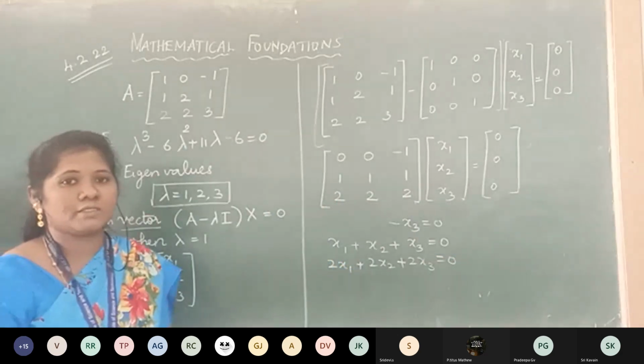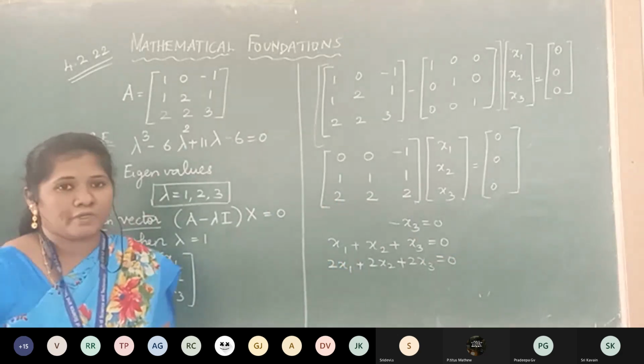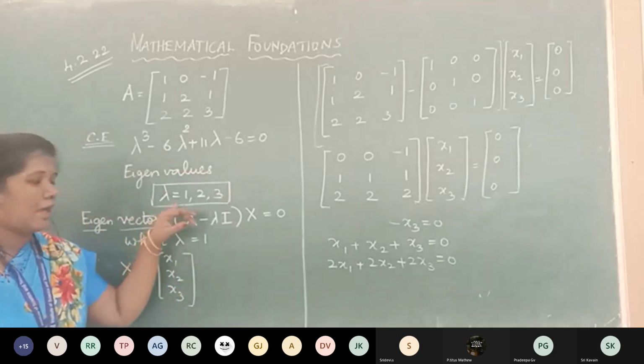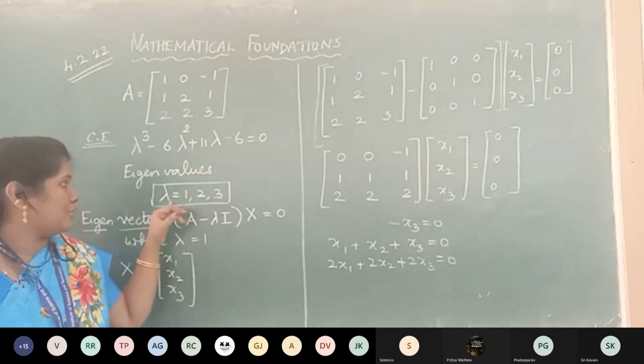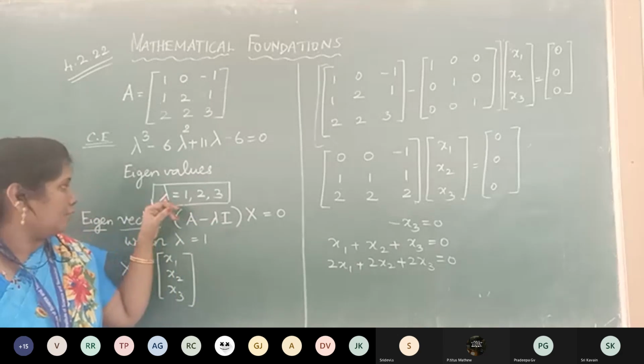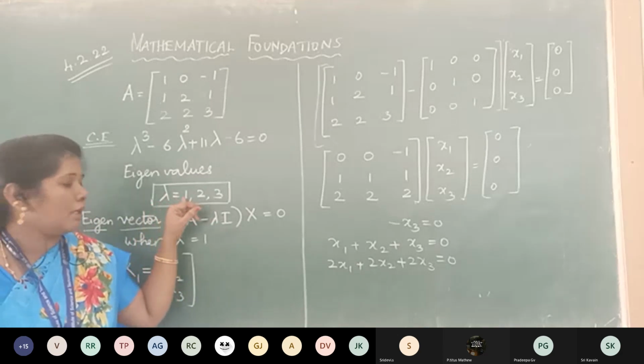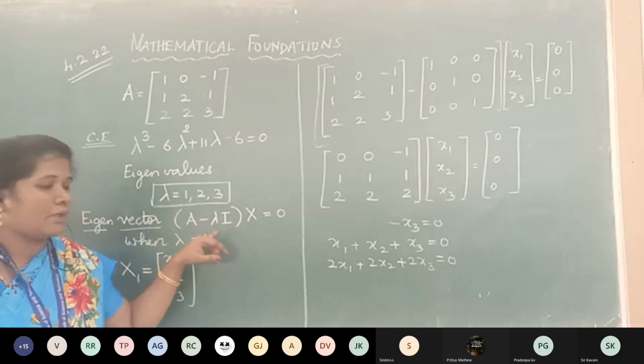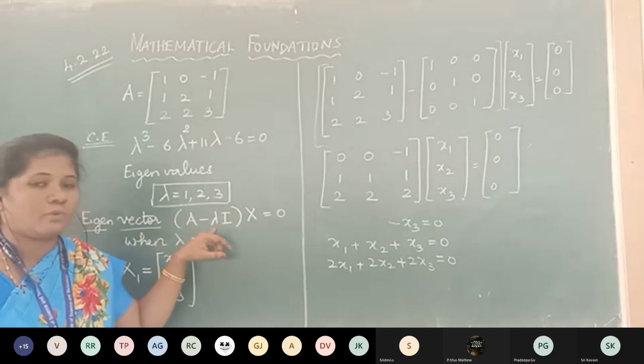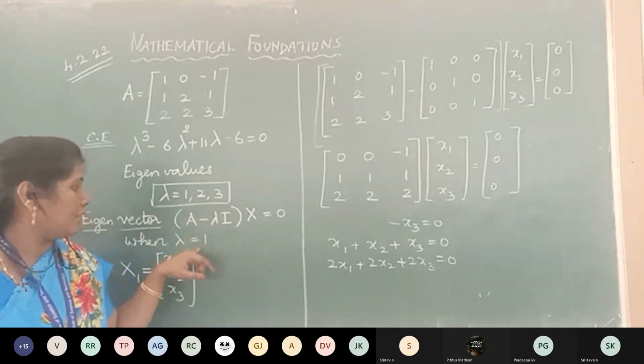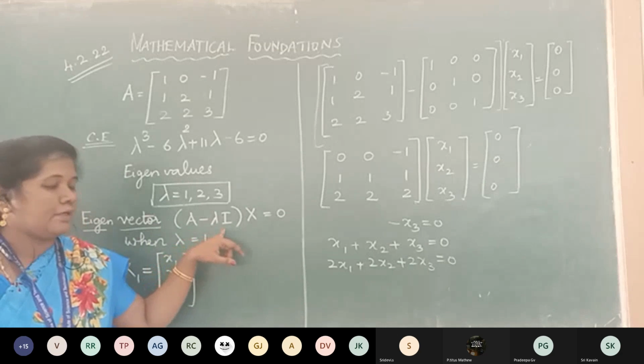Did you understand how we are writing the equation? So how to find out the eigenvector? Whatever lambda values you have got, you have to start with the first one. So I have taken lambda equal to 1. I have substituted lambda equal to 1 in this given equation, the scalar value, into your identity matrix.